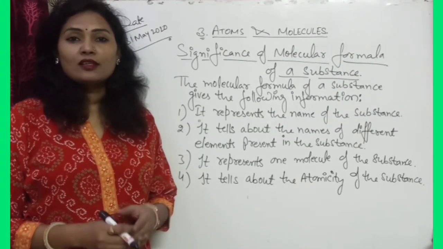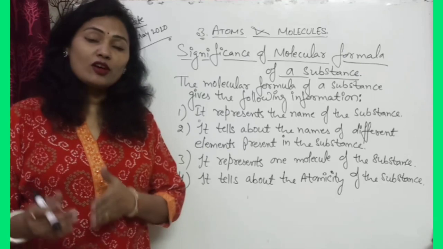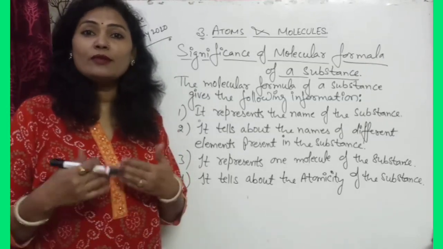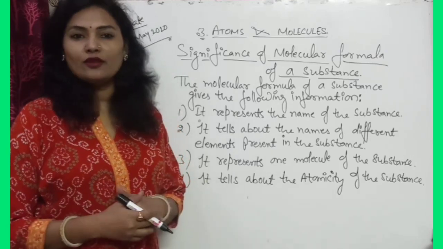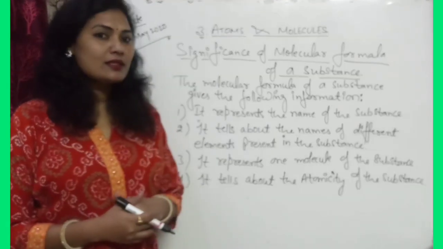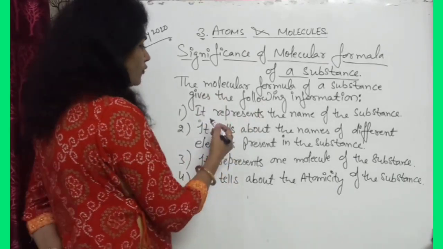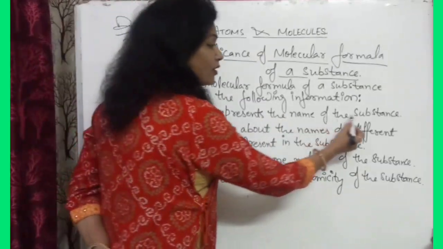Let us discuss the significance of the molecular formula. The molecular formula gives much information. What is this information? We will discuss it now. So let us start. The molecular formula represents the name of the substance.